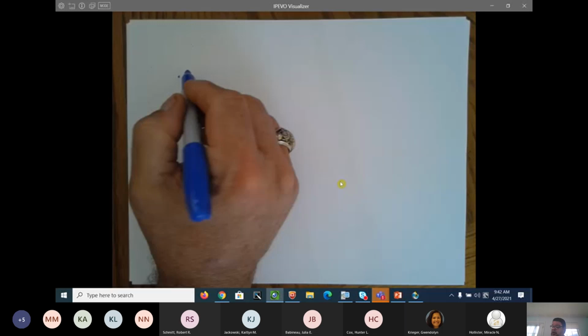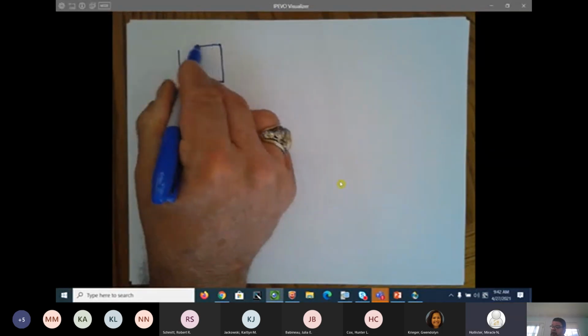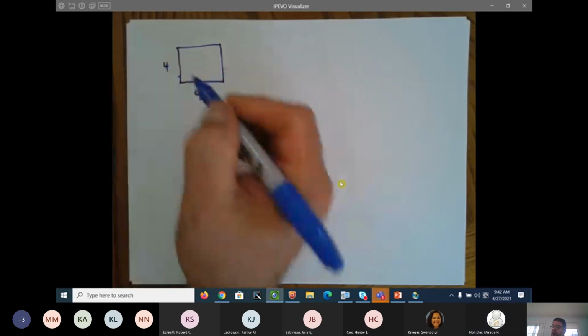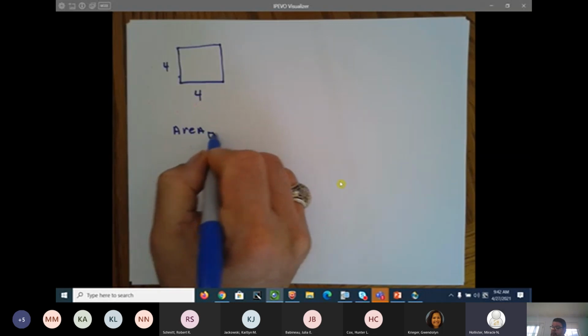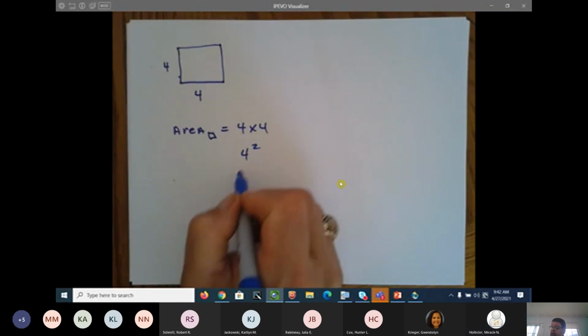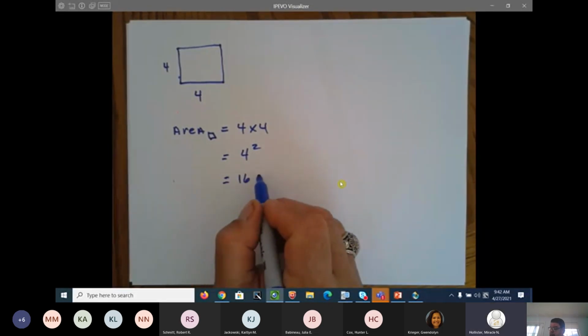Just like when you were given a square back in the day in pre-algebra, and this side was 4 and this was 4, the area of that is 4 times 4, or 4 squared, which is 16 square units.